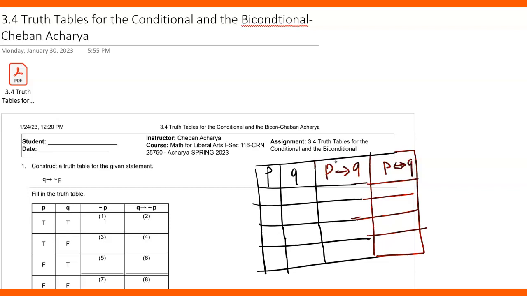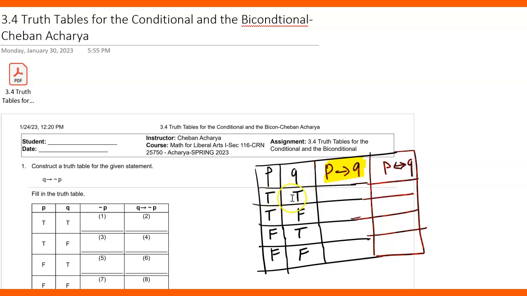For P you put T, T, F, F. For Q put T, F, T, F. Therefore we have four possible combinations: true-true, true-false, false-true, false-false. Let's fill out this column.